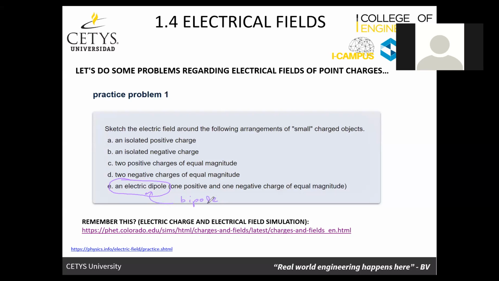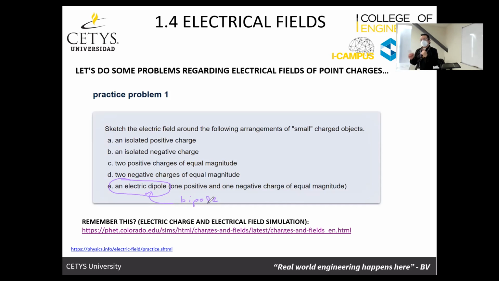It could be either one. So we could see it as electric dipole or bipole. They can be interchangeable, but I believe the more correct term is dipole because they're different.